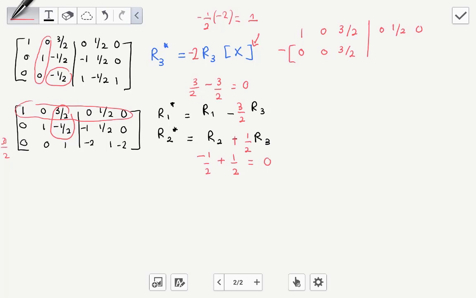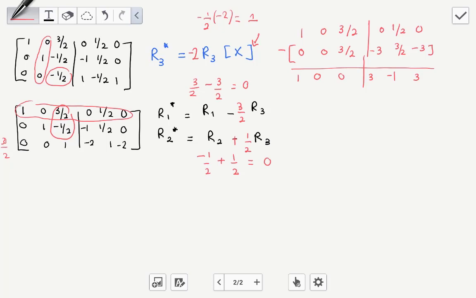So I hope you are following. 3 over 2 multiplies negative 2, so that will give you negative 3. Okay, 3 over 2 times 1 will give you 3 over 2. 3 over 2 times negative 2 will give you negative 3. So we're going to minus. So this will give us 1, 0, 0. 0 minus negative 3 will give us 3. 1 over 2 minus 3 over 2 will be giving us negative 1 followed by 3. Now this is your new R1.